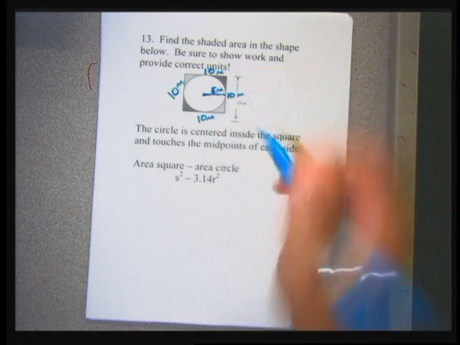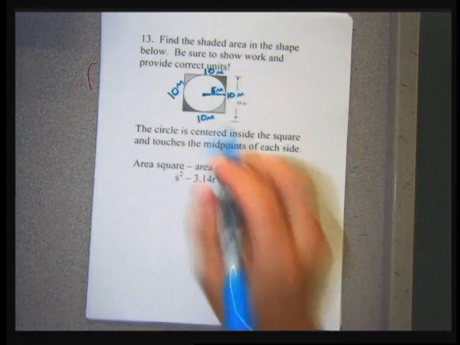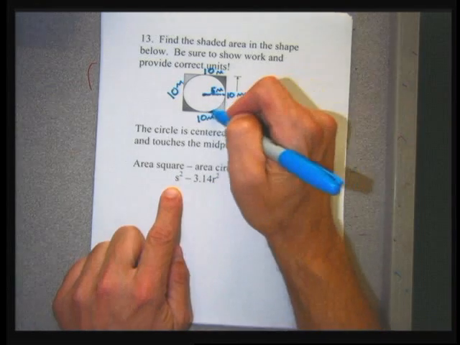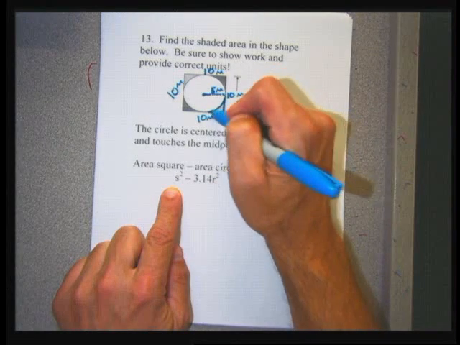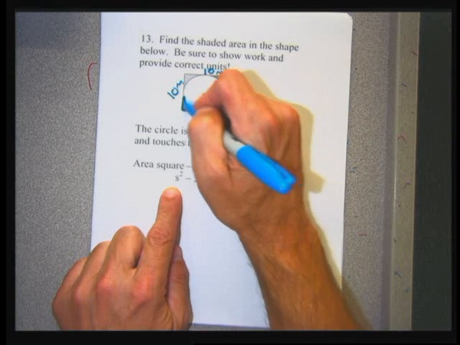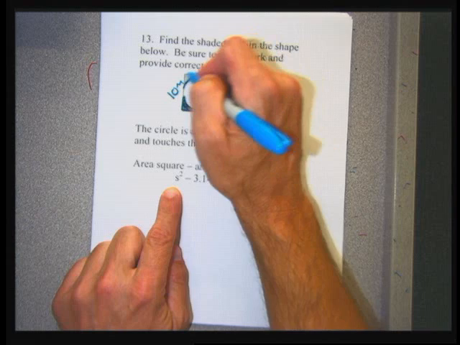The shaded area is the area of the big square minus the area of the circle. So these little regions here, to find these areas, it's deleting the circle's area from the square's area.